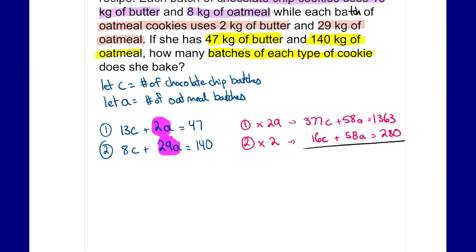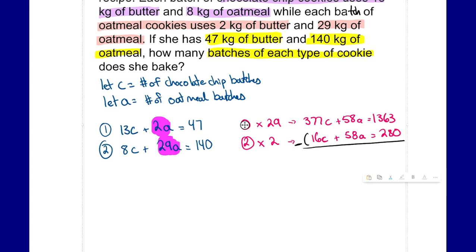So now I can eliminate my variable. I just need to figure out, do I add or subtract these two equations? Because the sign in front is the same, we're going to subtract. I'm going to put brackets around the bottom equation just to remember that we're subtracting everything in there.